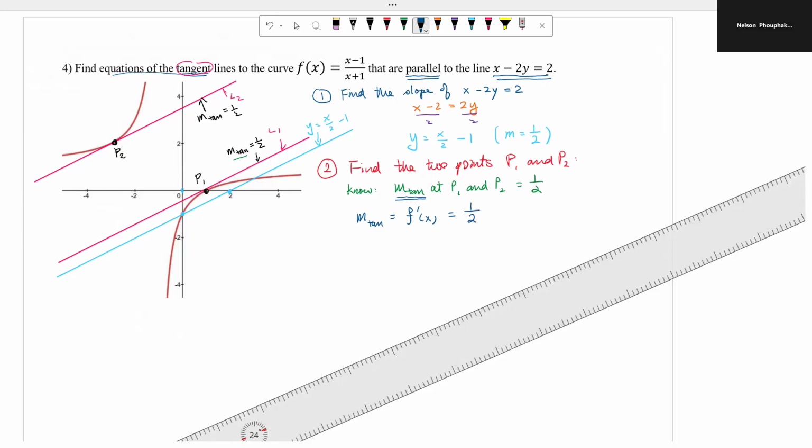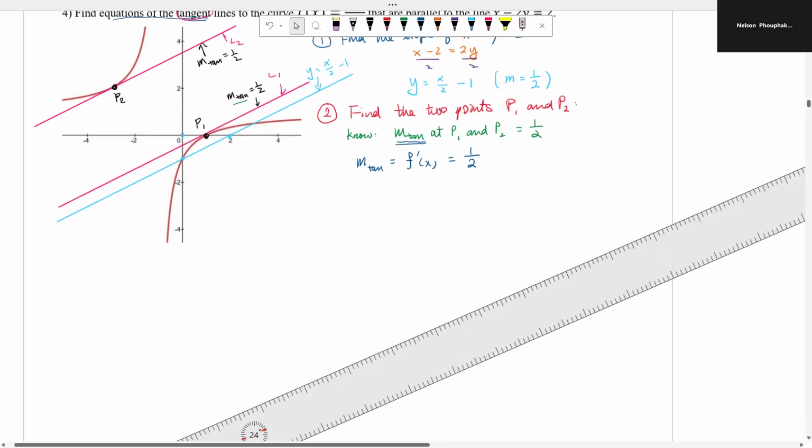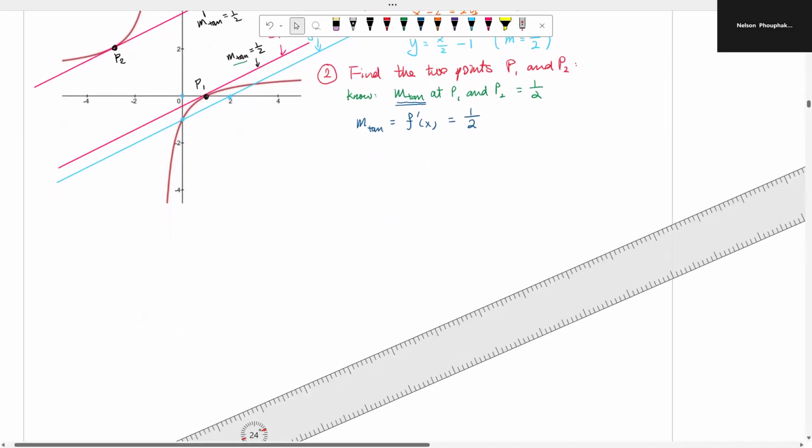When I solve for x, then I will be able to figure out what P sub 1 and P sub 2 are. So this is the idea. Let's see how we continue to work out the problem now.